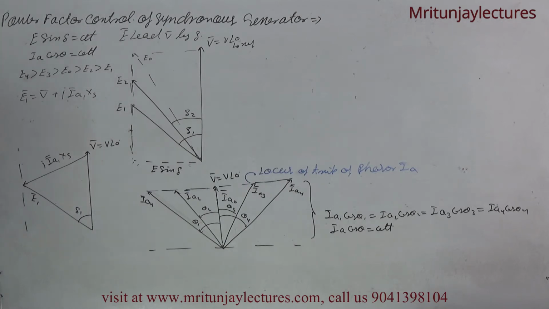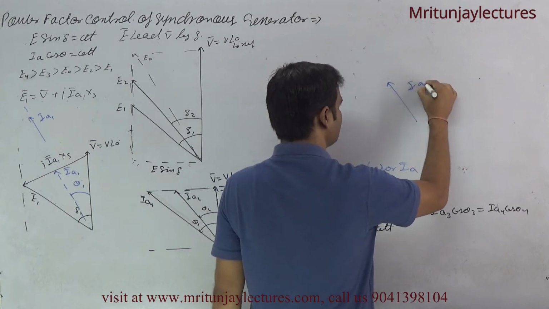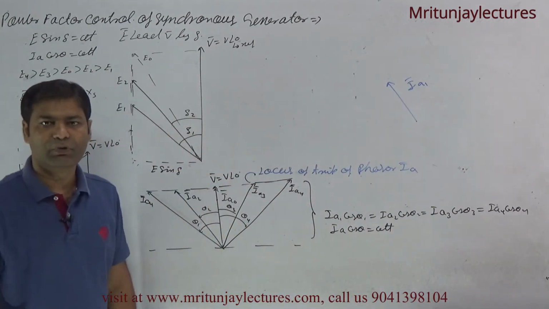Okay, what about Ia1? Ia1 corresponds to theta 1. If Ia1 is represented here, then what about j Ia1?